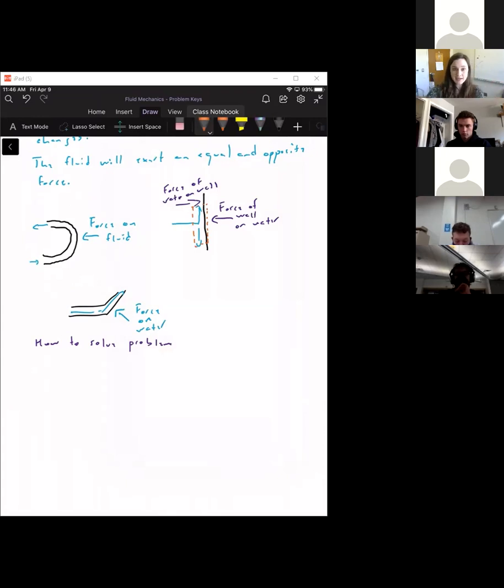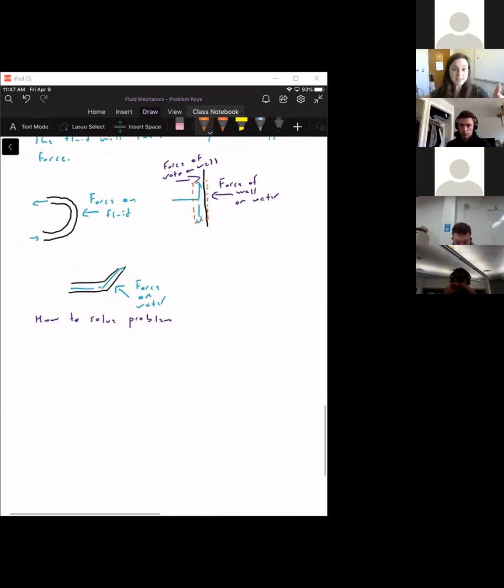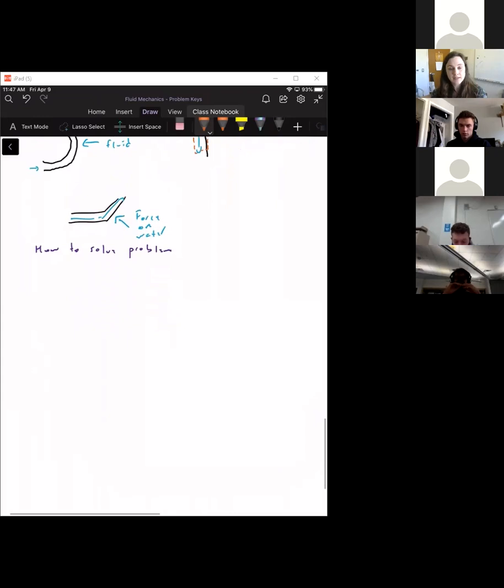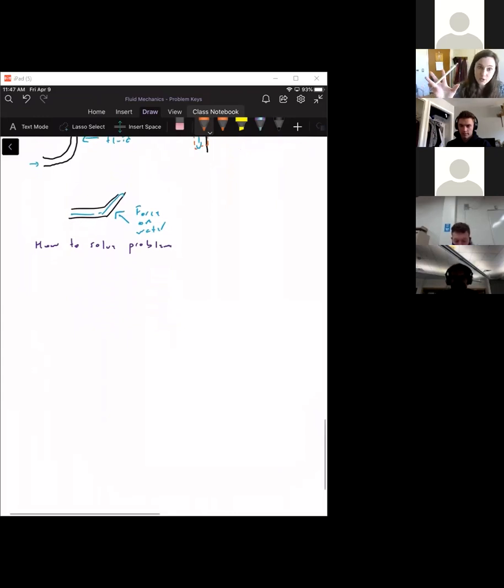And logically, that reaction force has to be the same but opposite as the force of the water on the wall. But there could be other forces going on that will change this a little bit. So that's why when we set this up, how to solve problems, I'm going to do an example.